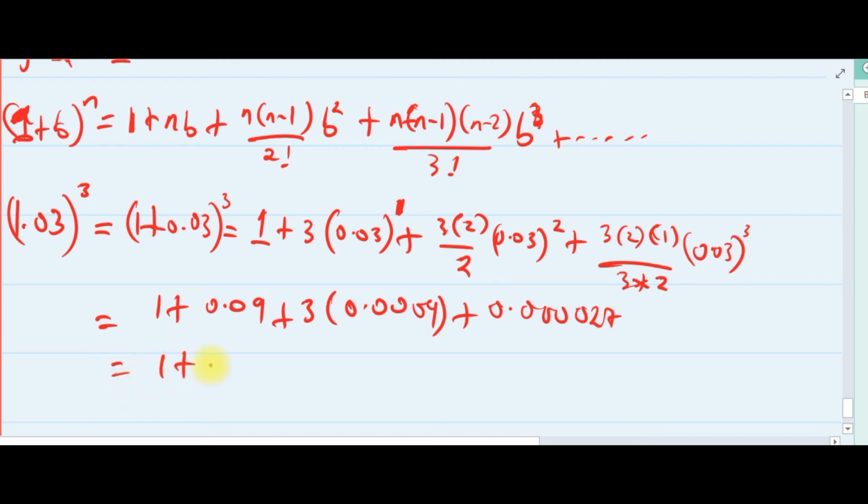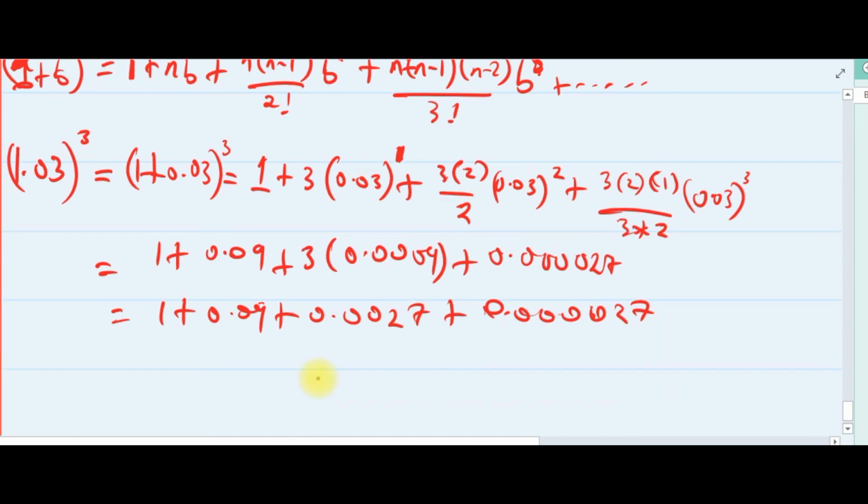Okay, this is 1 plus 0.09 plus 0.0027 plus 0.000027. So adding this up, we get 1.092727. Okay, so that's our answer.